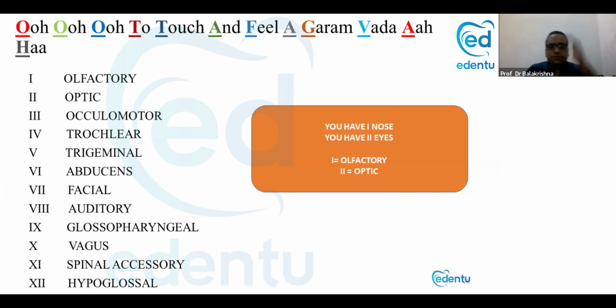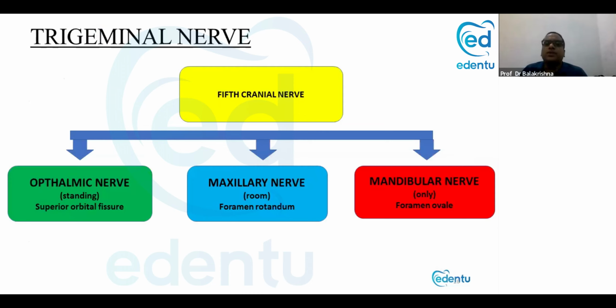Out of these 12 cranial nerves, the most important one in first BDS is the 5th, trigeminal nerve. Very, very important. And then your facial nerve, 7th cranial nerve. These 2 you should master. Trigeminal nerve is the 5th cranial nerve. It has got 3 branches: ophthalmic, maxillary, mandibular. Which foramina do they come through?